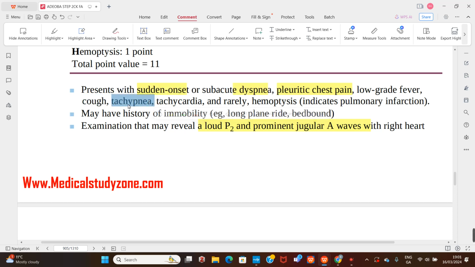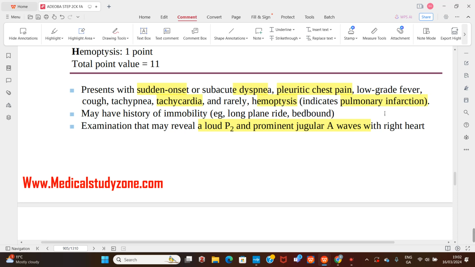Tachypnea, because they are dyspneic and want to start breathing fast to take in air. Tachycardia, because of the obstruction of blood flow. And when it eventually leads to pulmonary infarction, you can see hemoptysis. That's very, very suggestive of infarction of the lungs. When you see hemoptysis, it means that the lung is already infarcted.